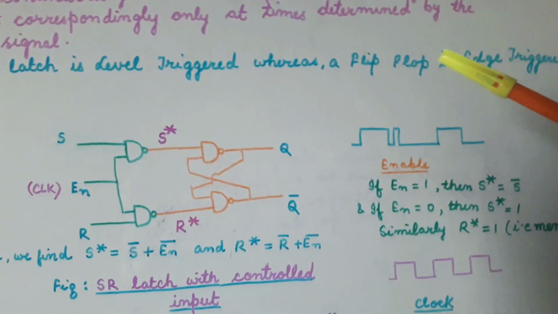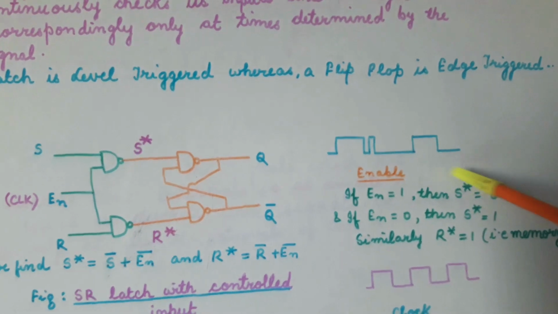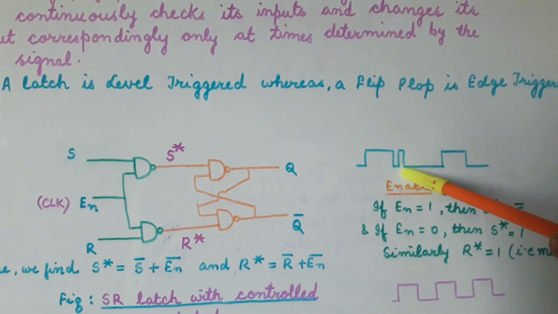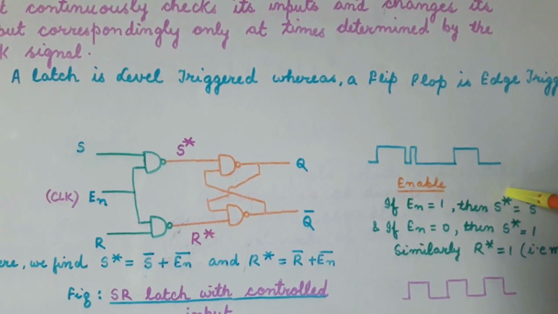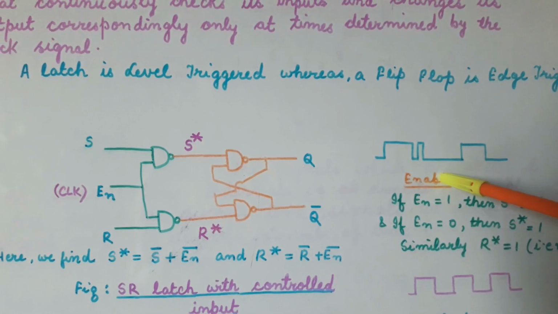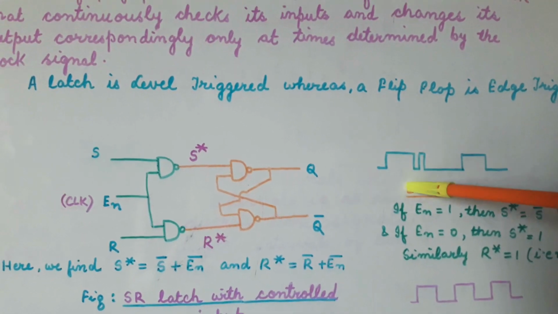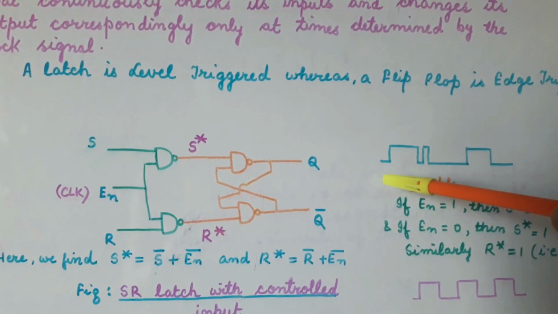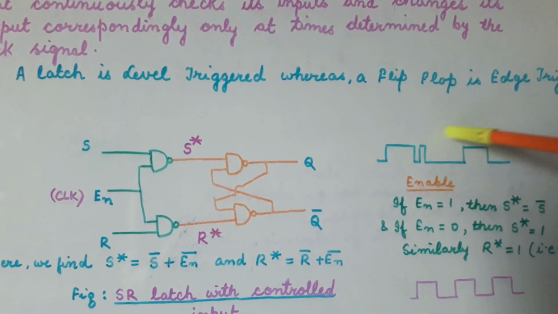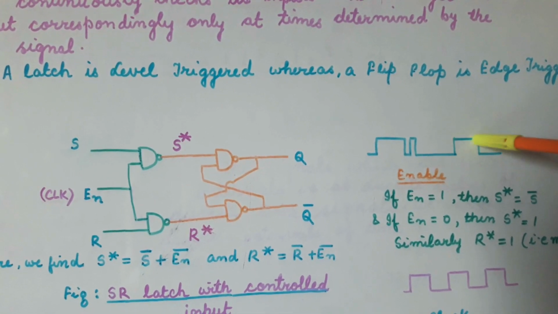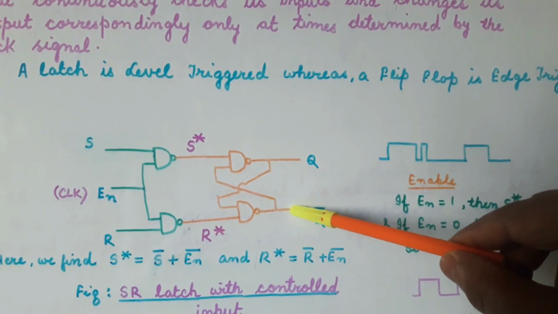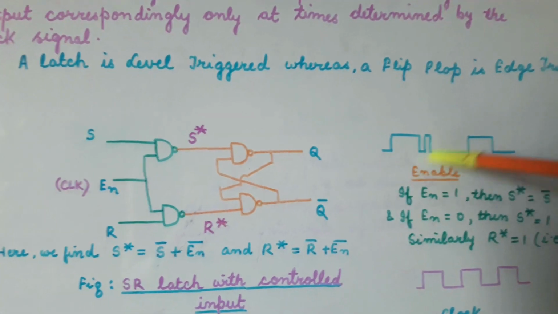So, we have drawn an enable signal here. This is a random enable signal. This circuit will be operational only when the enable is high. So, the circuit will be operational for this period, for this period and for this period. That is, whenever the enable is high, this circuit will be operational, and the circuit will not be operational when the enable is low.